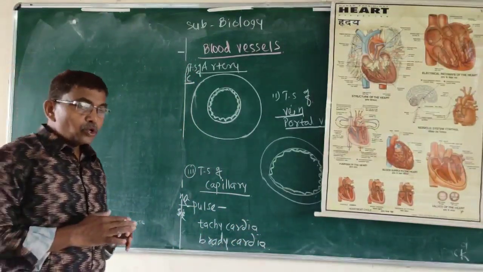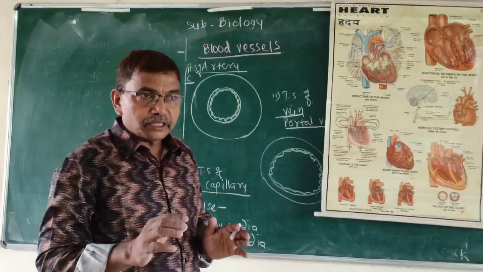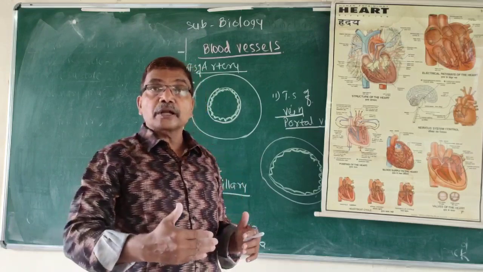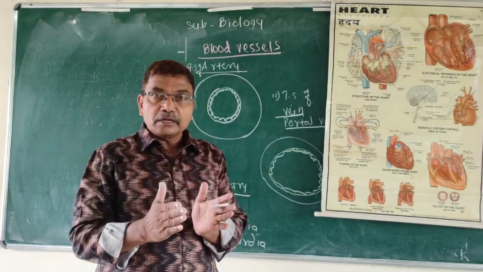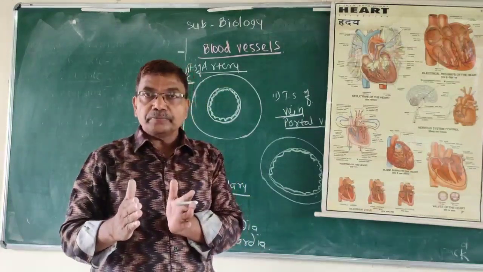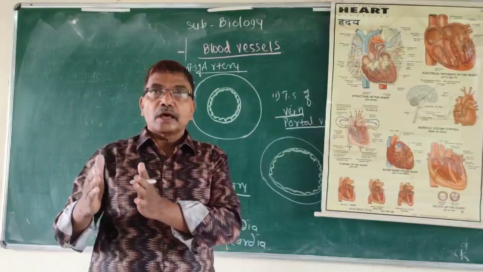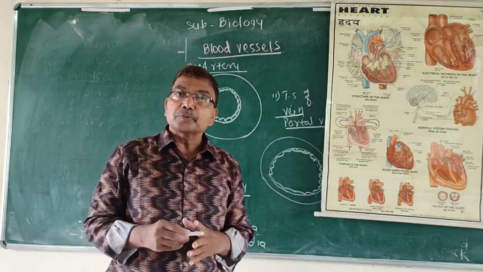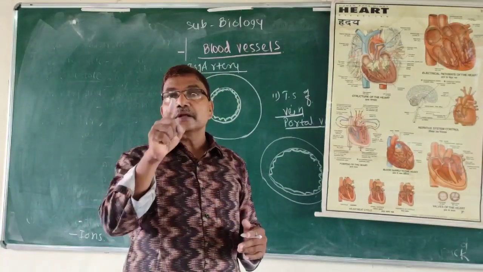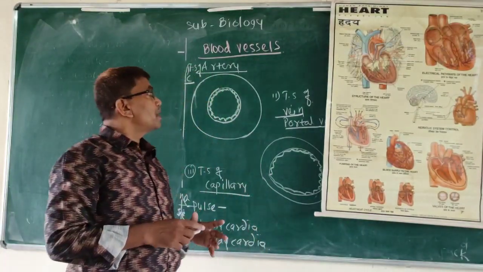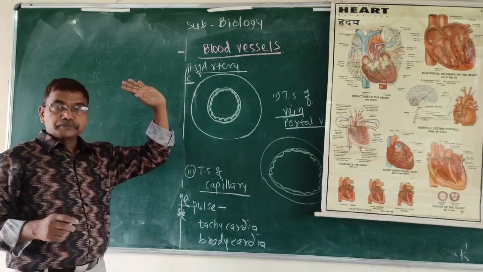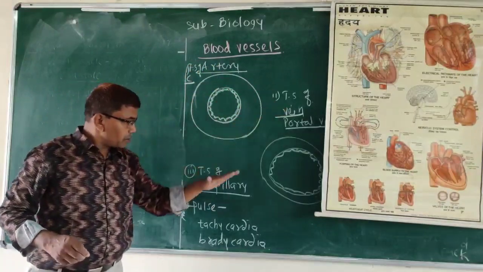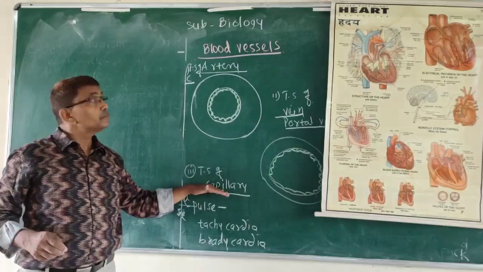The closed vascular system consists of these three components, but the important thing is that there is no direct contact between organs, systems, tissues and cells with blood. Blood is the circulating fluid which flows through closed blood vessels, and these blood vessels are of three types: artery, vein and capillary.